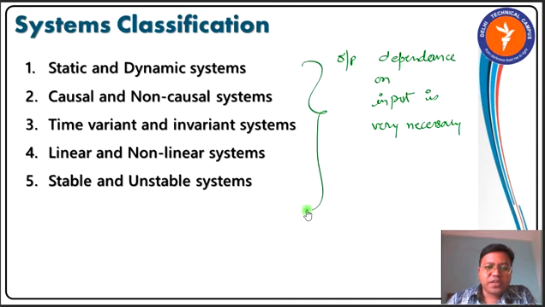So on the basis of the knowledge acquired in this lecture, in the next lecture we will classify systems to be static and dynamic, causal and non-causal, time variant and invariant, linear and non-linear, stable and unstable systems.